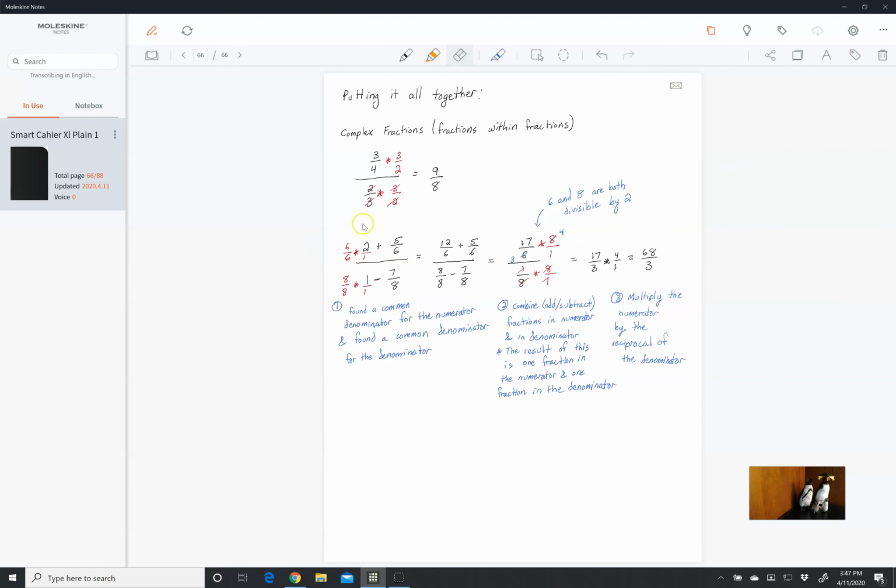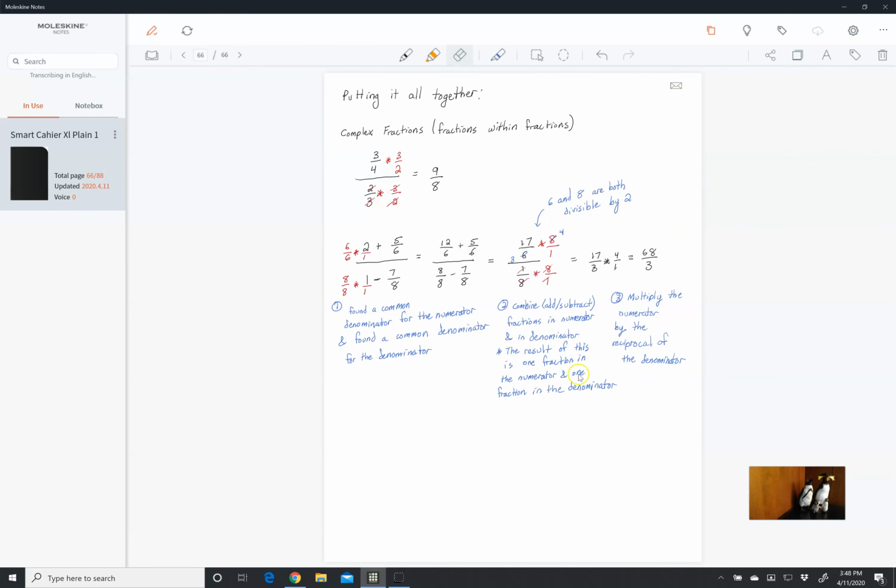You're combining the numerator, combining the denominator by finding common denominators. So you're doing addition and subtraction first. Then you're going to multiply by the reciprocal of the denominator. So what we're doing is we're saying multiply the numerator by the reciprocal of the denominator. The denominator just disappears here, okay? So again, this is just like expressions, okay? And then, as always, reduce your final answer if possible, okay?